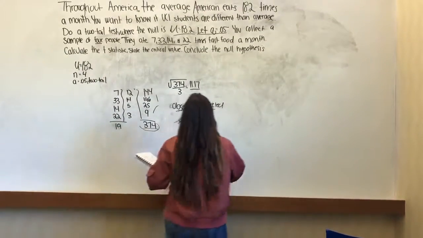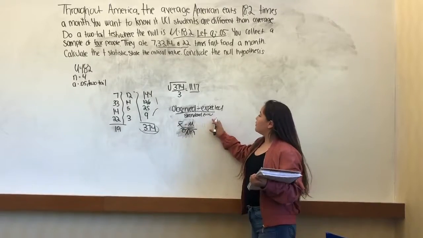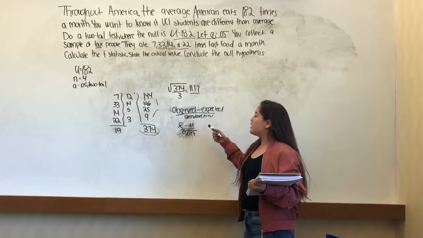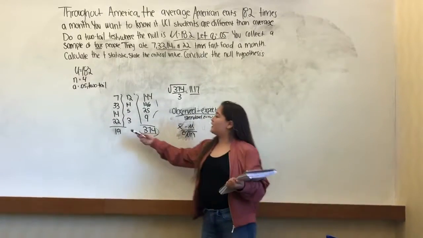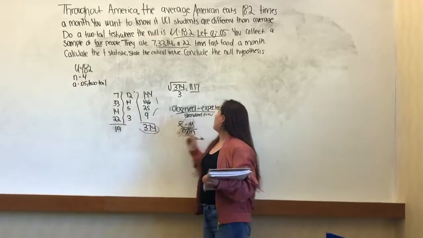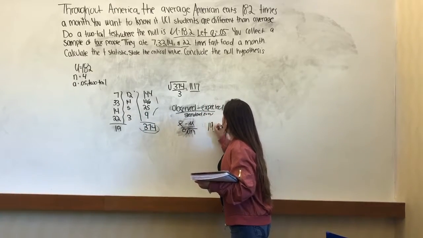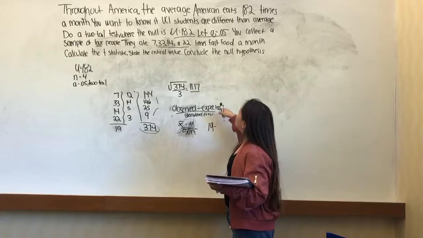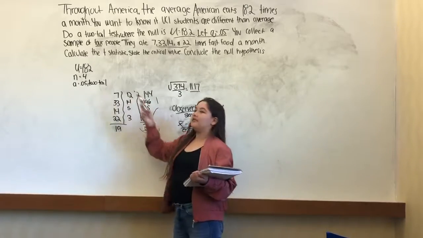So then we simply have to input the numbers. The observed in this example will be 19, because 19 is the mean of the sample. So 19, and the expected will be the null, which is 18.2.